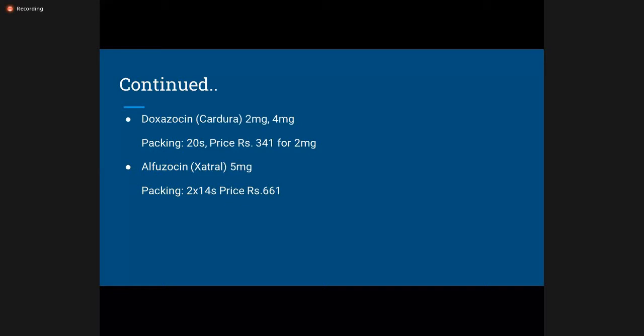If somebody takes it before sleep and he lies down on the bed, does not get up from the bed, then probably he will not have this postural hypotension. Alpha 1A selective drug. This is one of the very important newer drugs, because it's alpha 1A selective.